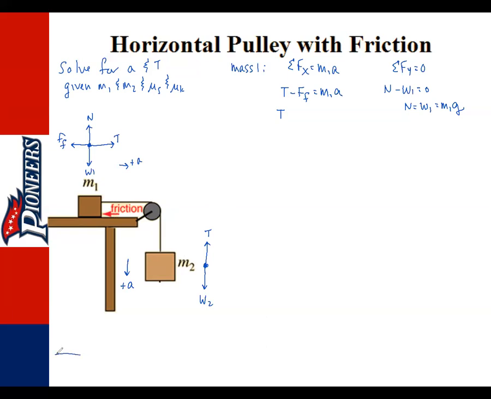Imagine this is an analogy to what we're doing. This is M1 with friction this way. Obviously the up and down forces, but tension this way. What if we take this and bend it up so that it's actually on the table, and tension is here?